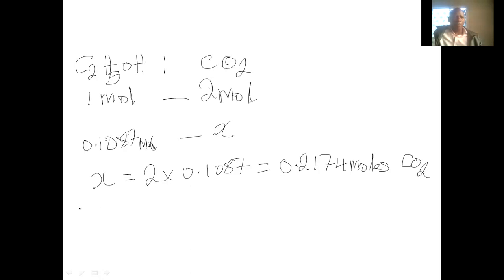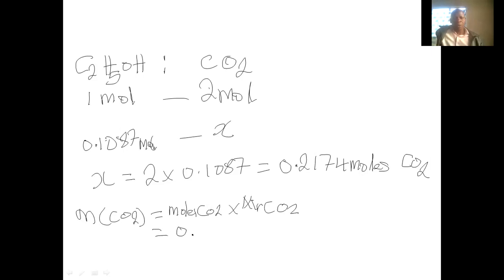For us to find the mass of carbon dioxide, we have to multiply the number of moles for carbon dioxide by the molar mass of carbon dioxide.